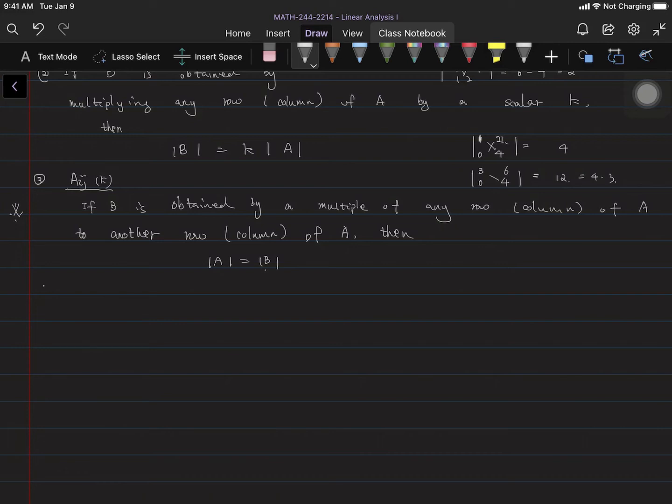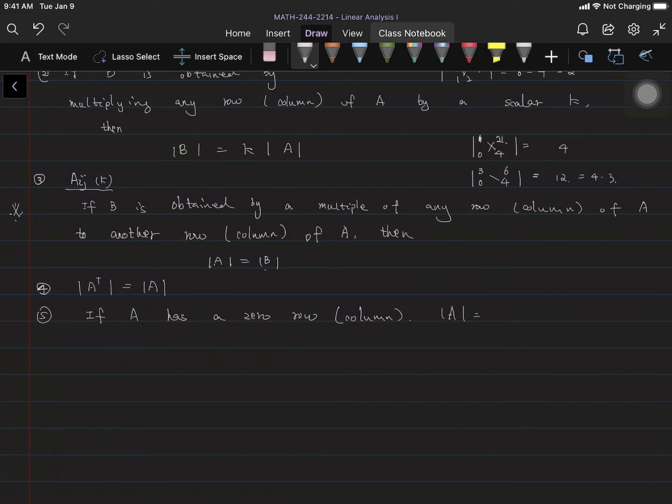Number 4, the determinant of the transpose is the same as that of A. And number 5, if A has a 0 row or column, can you think what is the determinant of A? Think about determinant calculation.